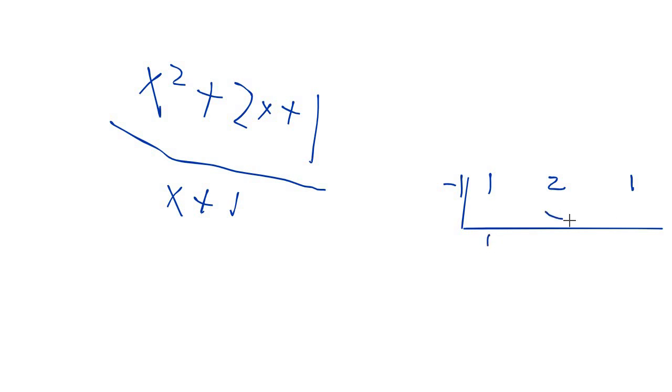It means negative 1. 2 times negative 1 is negative 2. 2 plus negative 1 is 1. Times negative 1 is negative 1. And we have a remainder of 0. So therefore, this is a factor of x squared plus 2x plus 1. And therefore, we know that one of the roots of this is negative 1.